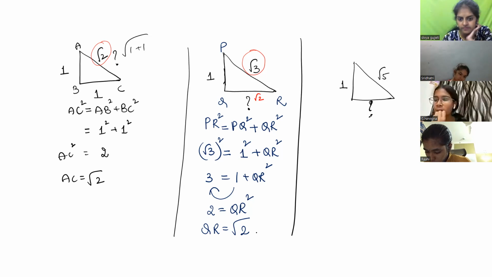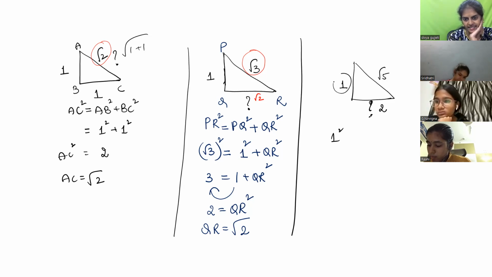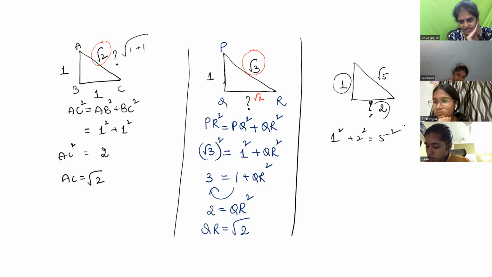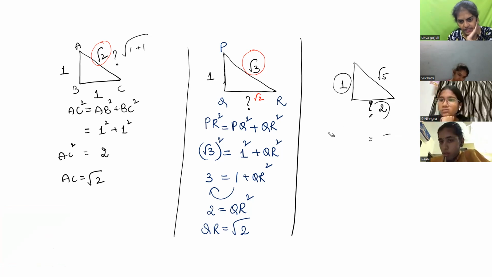Ma'am, I'm getting 2. Excellent. Good. Once you get the answer, you can also check it. How do you check it? 1 square, this side square, plus this side square, 2 square, gives me 5. So 5 is nothing but the square of this side. If I take root, it will be root 5. That way you can check it out quickly.